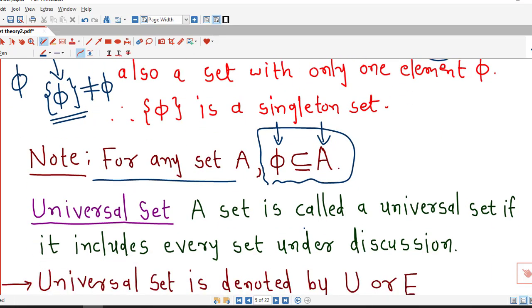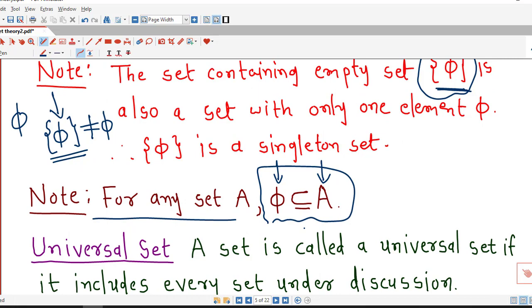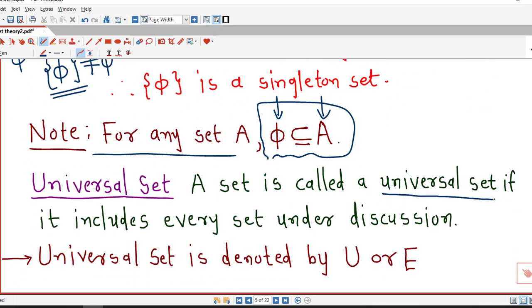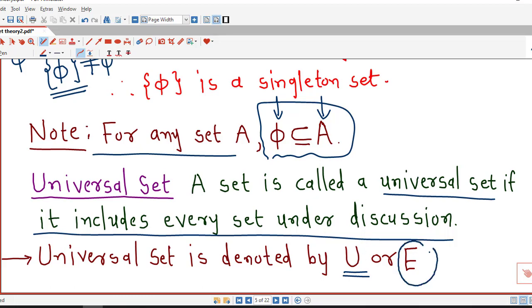Next definition is the universal set. The universal set is the set which includes all possible sets under discussion. A set is called a universal set if it includes every set under discussion, and the universal set is denoted by the symbol capital U or capital E. Some authors use capital E also, but capital U is the generally familiar notation for the universal set.